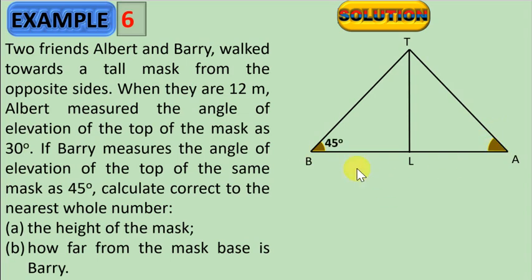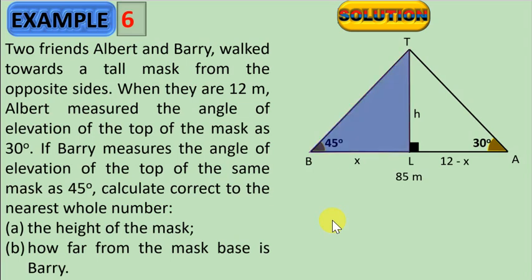Then the distance between them is 85 meters. Sorry, the distance between them is 12 meters. It's not 85, it's 12 meters. So if this side is x, this side will be what? 12 minus x, because the distance given is 12 meters and not what I mistakenly put here, 85, it is 12.